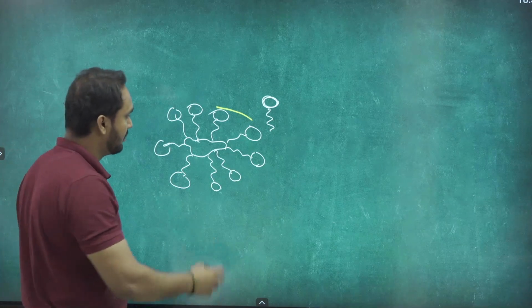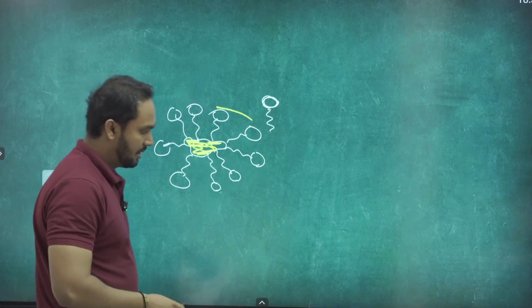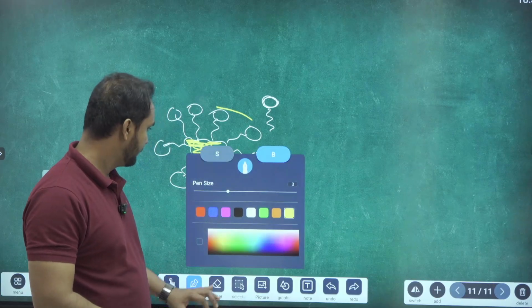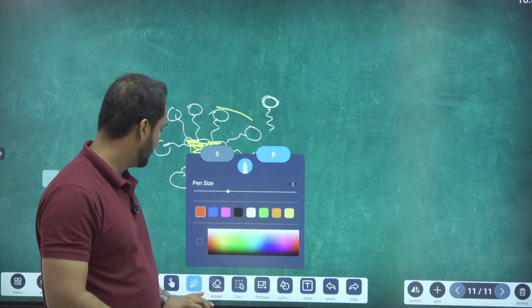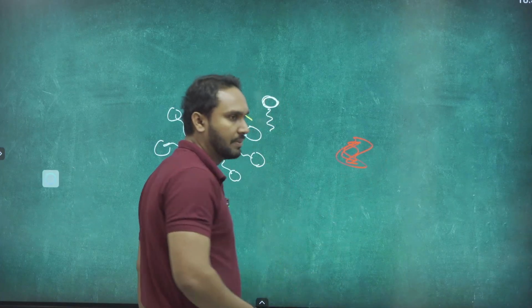So let's say now this is an oil spillage, right? And let's say a blood stain is there, something like this. Now what happens?